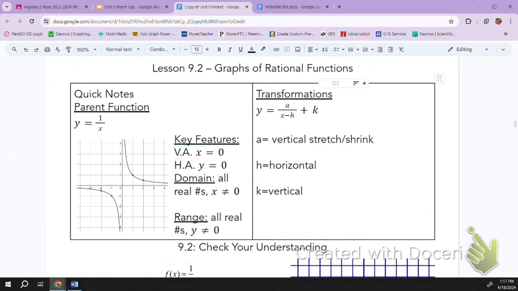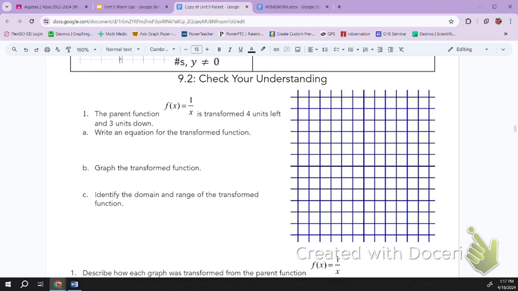Okay, so we're going to go to the check for understanding. And it says we need to transform this function 4 units to the left and 3 units down. So we need to write the equation first so we know what we're typing into Desmos. 4 units left. Where should that go?